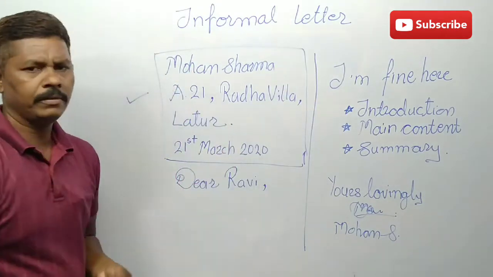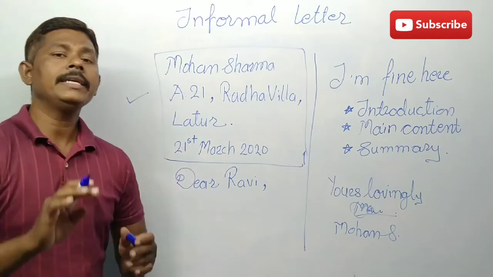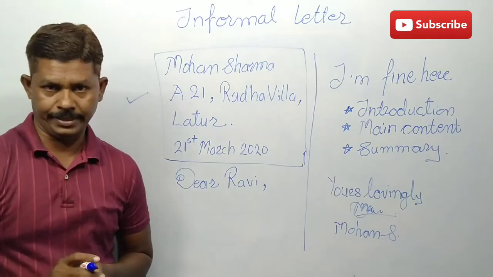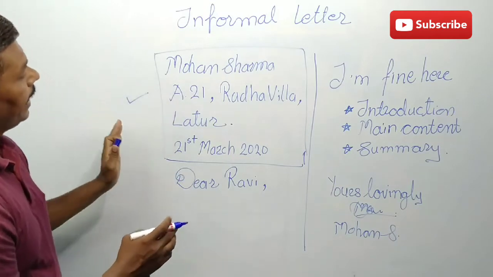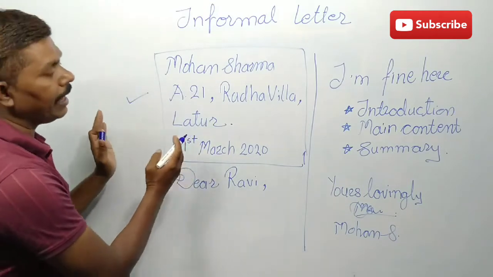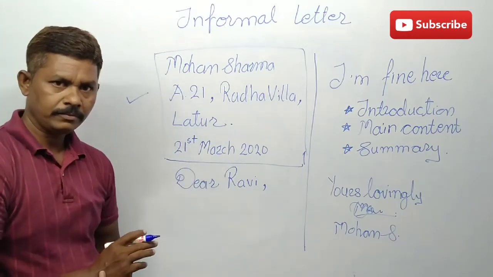So here is a sample. One more thing I would like to clarify here: in the new format of the letter, we must write every aspect of the letter at the left of the page.